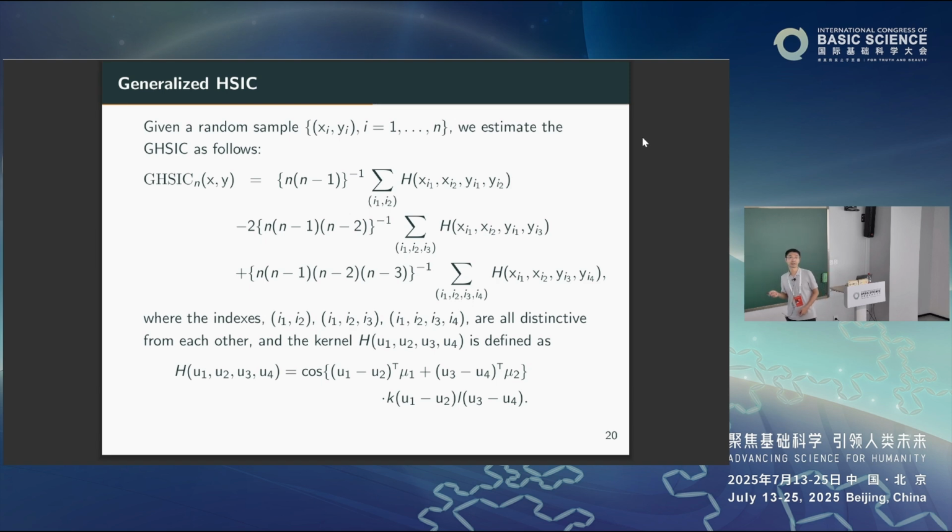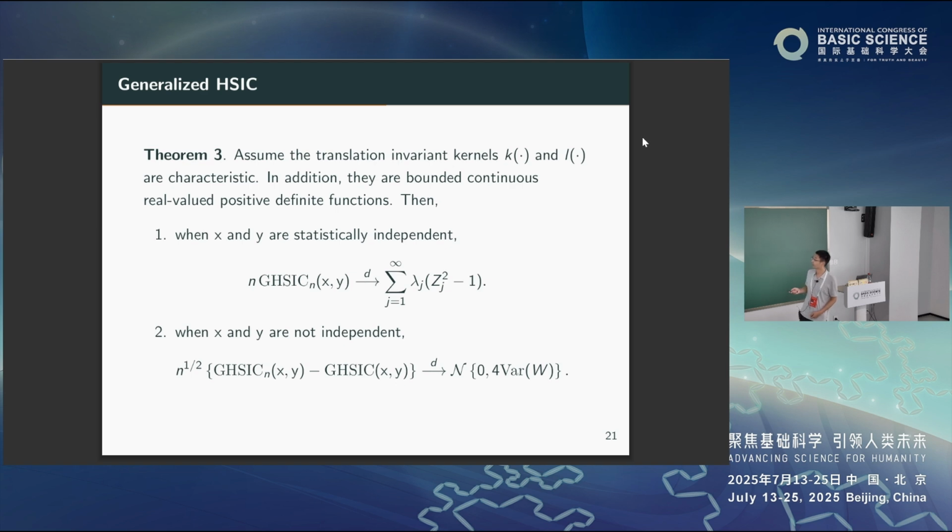Now, we can estimate the generalized HSIC in this form, the U statistic. It seems that it will require a very complicated computation, but we can show that it can be calculated within O(n squared times (p plus q)) steps.